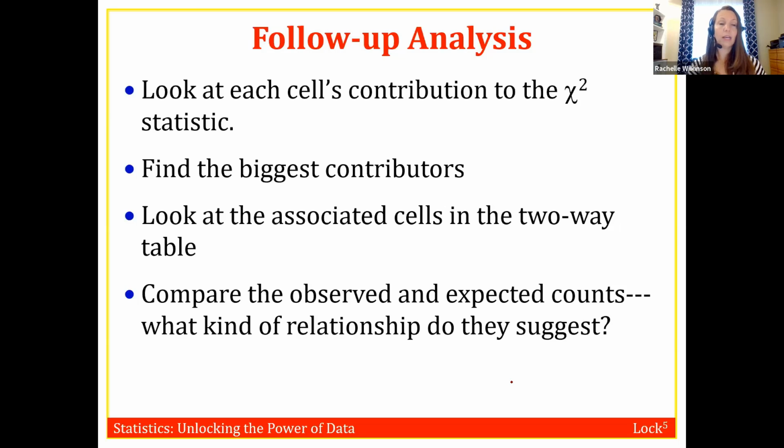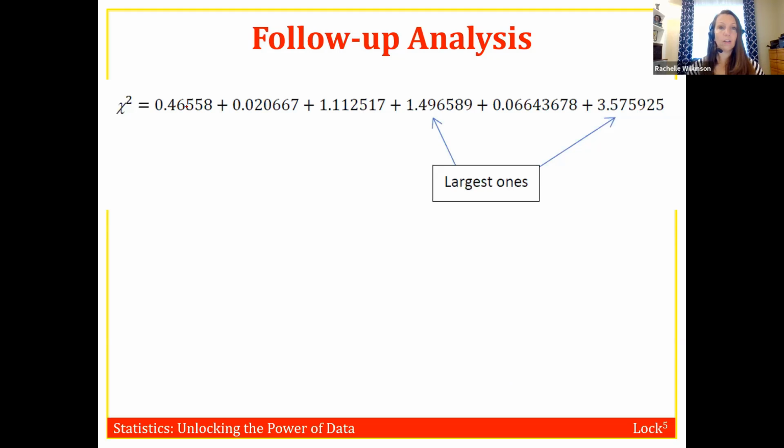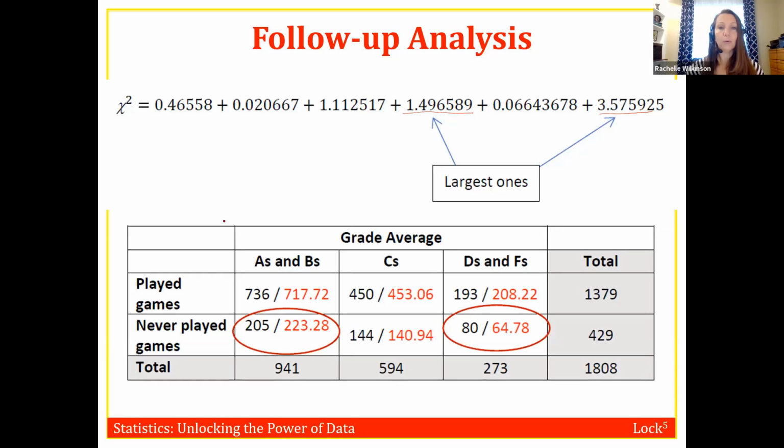All right, so we're going to do that with our video game and grade average data here. Here were all of the contributions to our chi-square statistic, all the numbers that we added together. You can see that my biggest ones were here and here. If I look back at my table, those numbers came from these 2 cells that I've got circled.